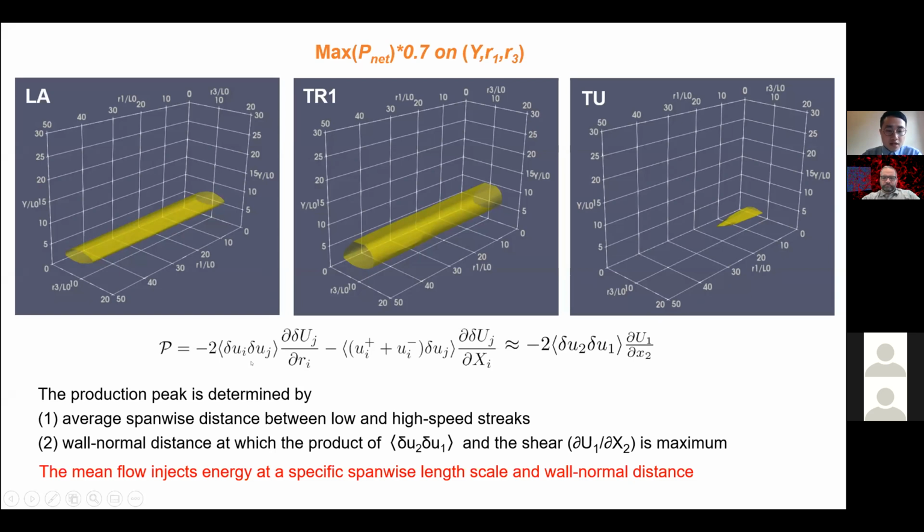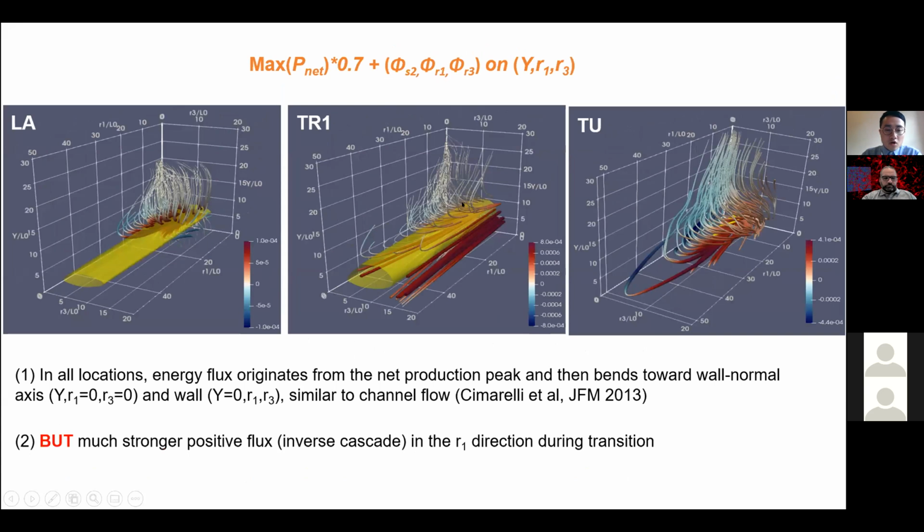So we conclude that the physical meaning of the production peak is that the mean flow injects energy at a specific spanwise length scale and one wall normal distance. We then show the production, also superimposed with the energy flux vector, on this domain.